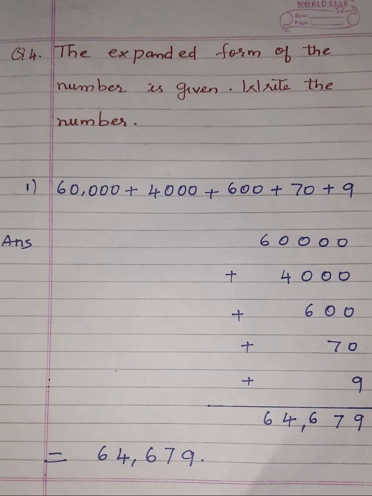So how to write is, children, as you observe on the screen, you'll see that first I have written 60,000. Okay, when you're writing the numbers, children, leave space between the digits. 60,000 first, then next is plus, then next we are adding 4,000. So when you're writing 4,000, children, see to it that you write units in the units place, tens in the tens place, hundreds in the hundreds place, thousands in the thousands place, like that.